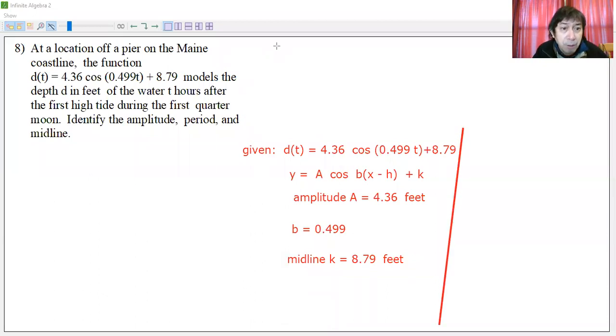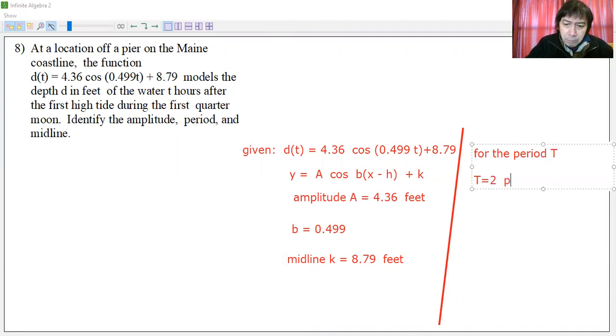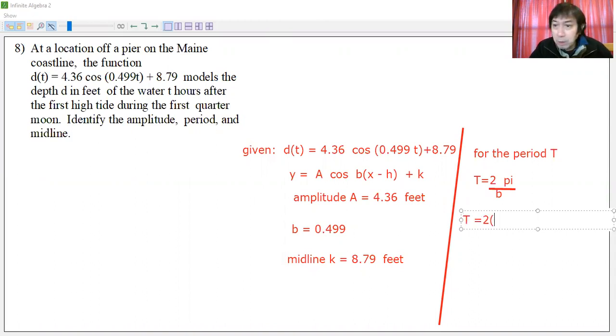We can make use of the formula for the period, the same formula. So for the period t, we have t is equal to 2 pi over b. And we shall use the value of the pi and the b. So we have t is equal to 2 times the quantity pi.